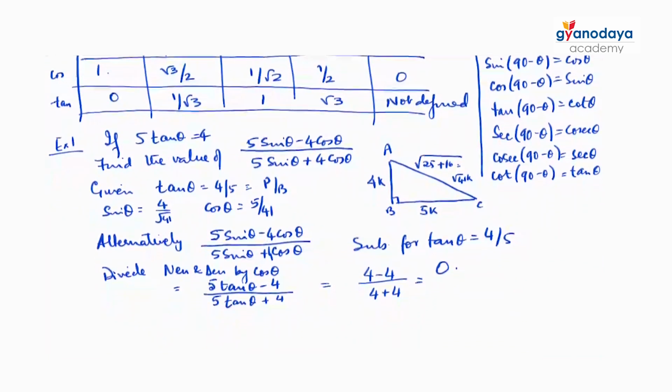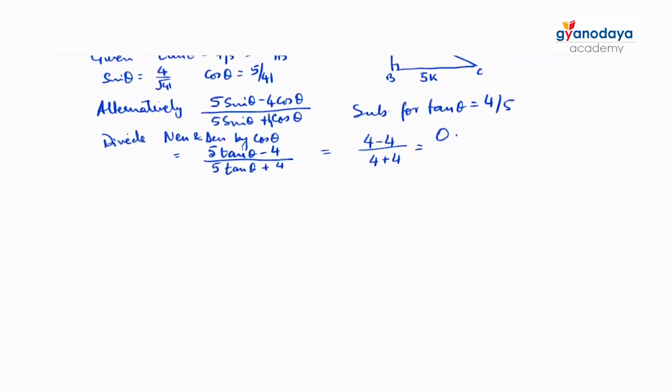Now let's look at the second question. Question 2: we have to prove the identity (cot theta minus cosecant theta) whole squared equals (1 minus cos theta) by (1 plus cos theta).